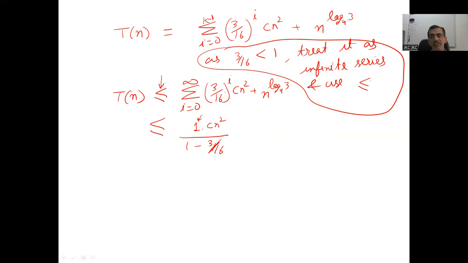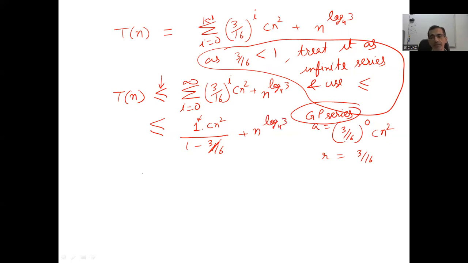A is the initial term, 3 by 16 raised to 0 Cn square, and the common ratio for the GP series is 3 by 16 every time. So for an infinite GP series, I can easily solve this relation, plus n raised to log base 4 of 3. So I can easily say this becomes nothing but effectively 16 by 13 Cn square plus n raised to log base 4 of 3.